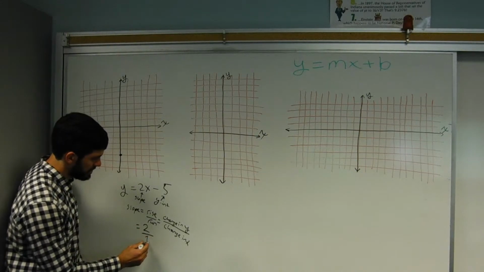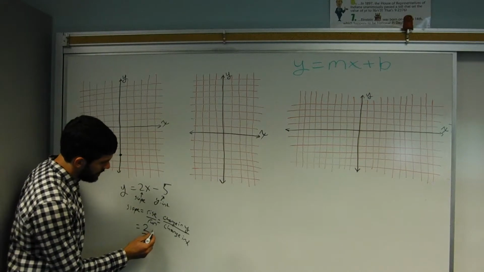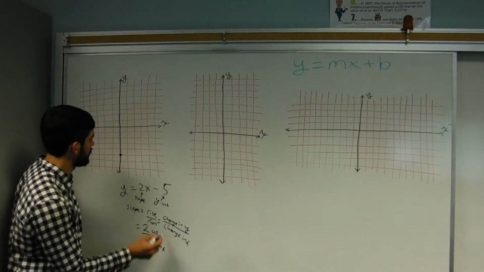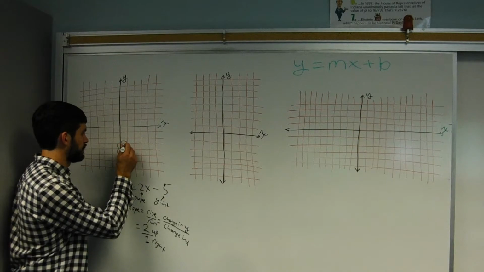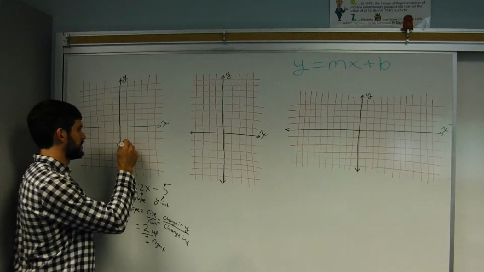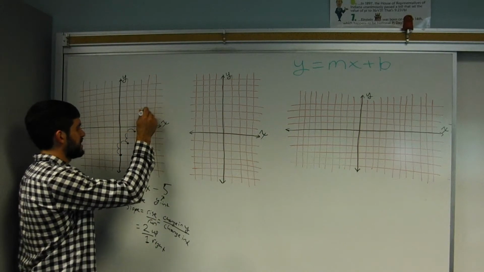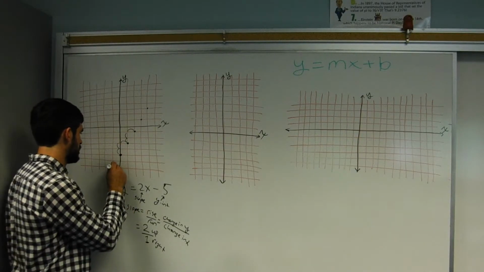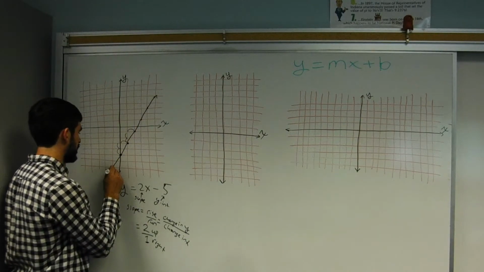So our slope is really 2 over 1. The way I like to think of it is we're going 2 up and 1 right. So I'll go 2 up, 1 right, and plot another point. Then from there, I'd go 2 up, 1 right, plot another point, and I would just keep going. I really only need 2 points. I'd just connect the dots, and we'd have the equation for our line.